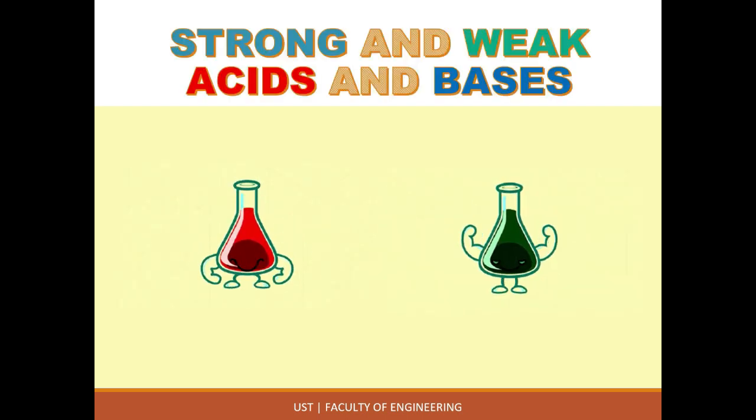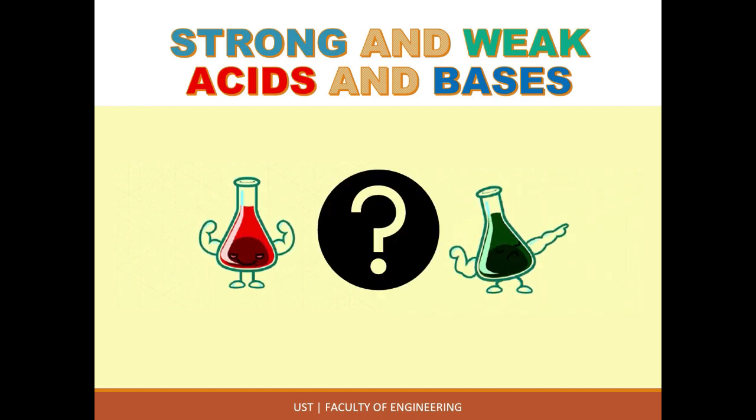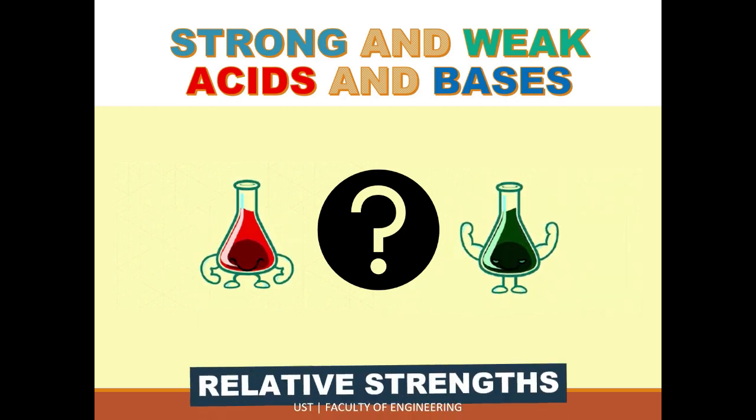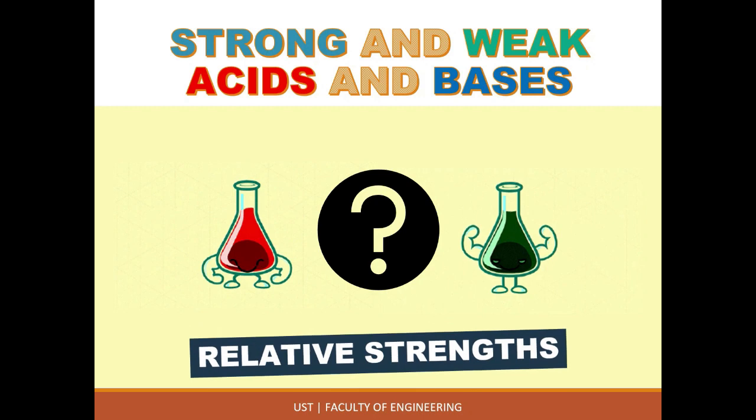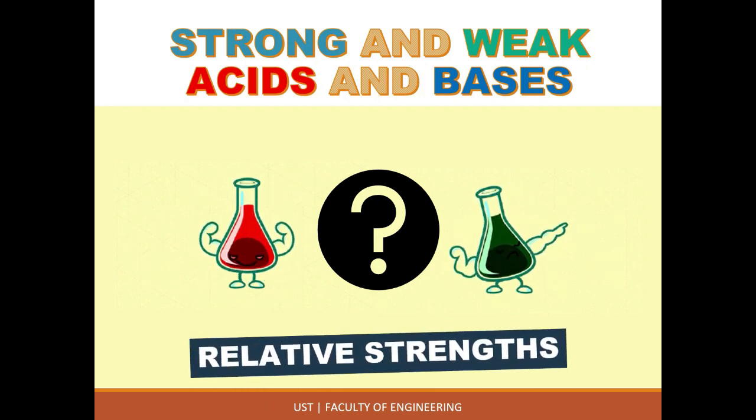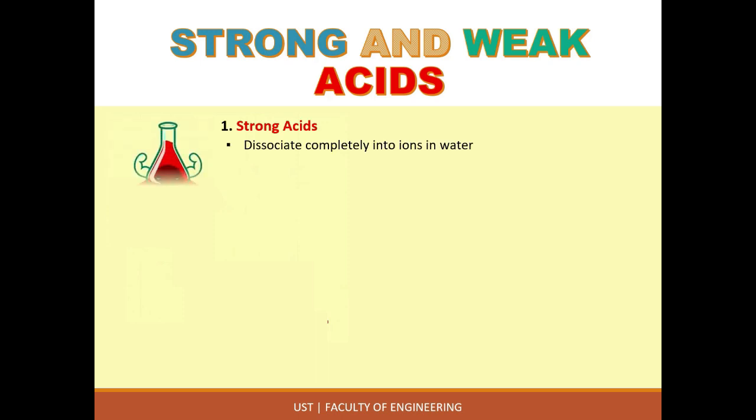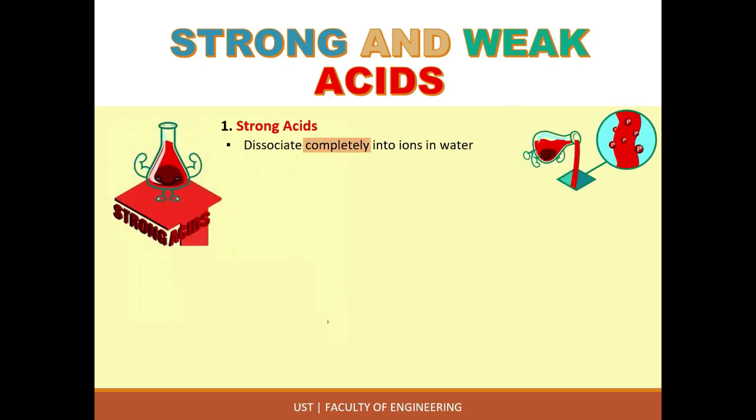You probably heard of the terms strong and weak acids and bases already, but what exactly do they mean? The adjectives strong and weak are added to acids and bases to classify their relative strengths qualitatively. Strong acids dissociate completely into ions in water, so they dump their protons more easily to water.